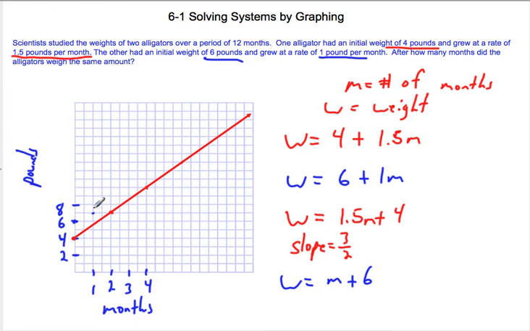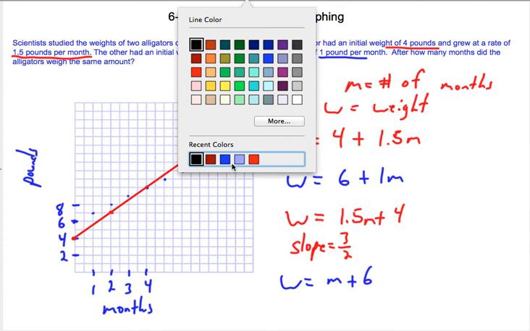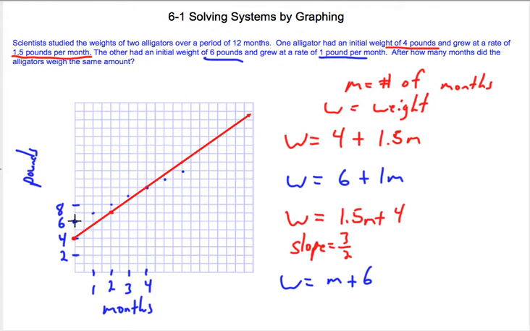So up 1 over 1, up 1 over 1, and up 1 over 1. So let's make that blue, starting here and going like this.